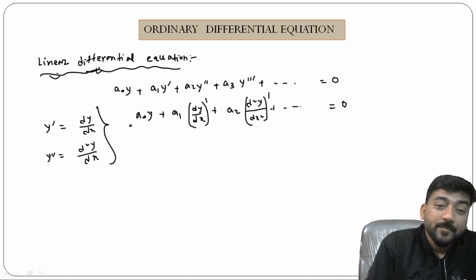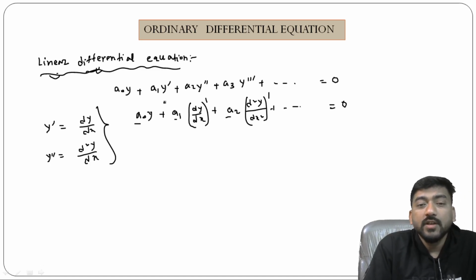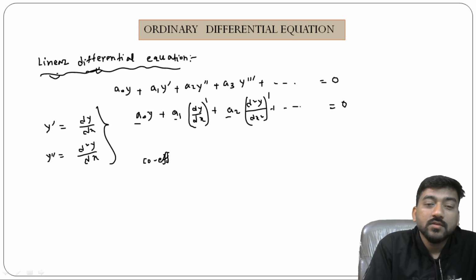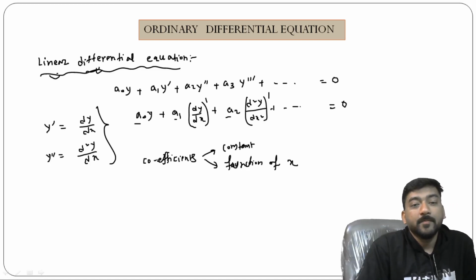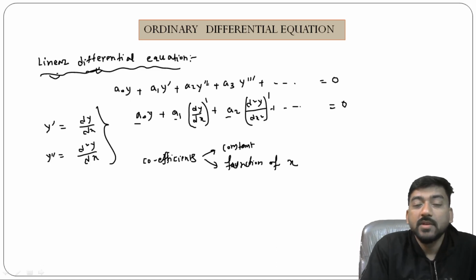But please keep in mind, it also depends on the coefficients a0, a1, a2, a3. These coefficients may be constants or may be functions of x. And please keep in mind the power of y, whether it is y dash, y double dash, y triple dash or y itself, should be 1.